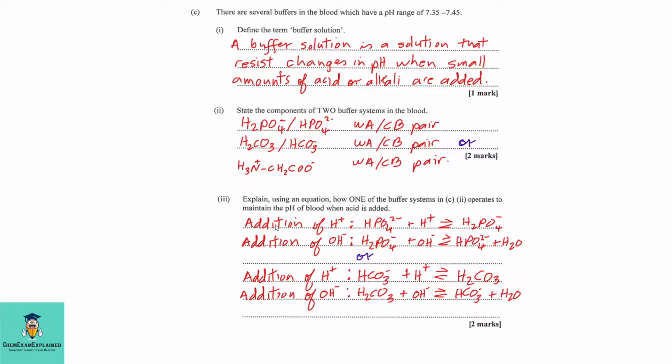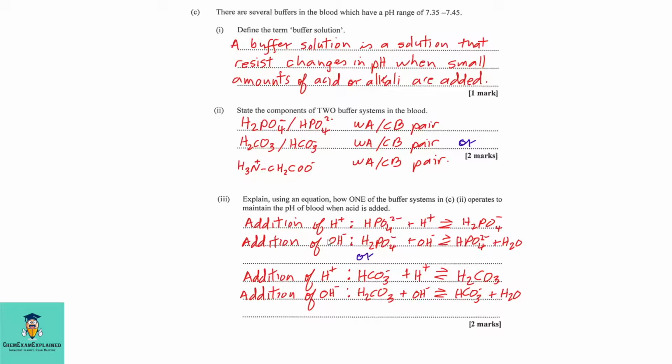So let's look at what happens when we add our acid H+ to our buffer system. If you add H+ to the buffer system, what will counteract it is the conjugate base. So the H+ will be added to the base. Remember that the base is a proton acceptor. Now you'll form H2PO4-, which was already present in the buffer system, and this is how a constant pH was maintained.